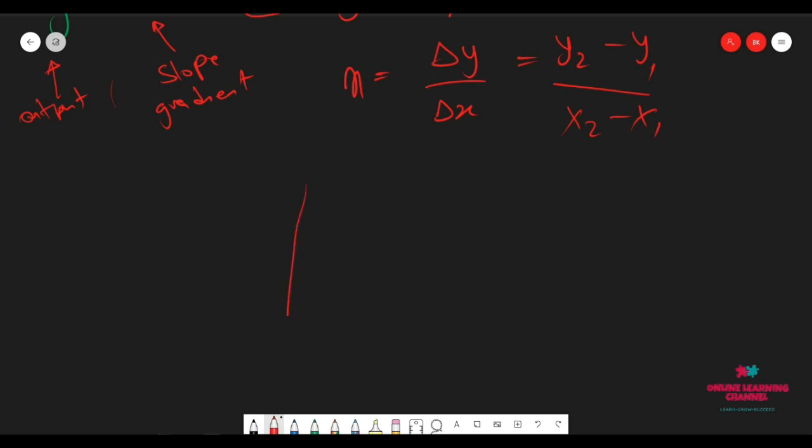So let me explain that. Let's say this is our Cartesian plane, x-axis, y-axis. Then we'll have 1, 2, 3, 4, 5, and this side are negatives, -1, -2, -3, and so on.